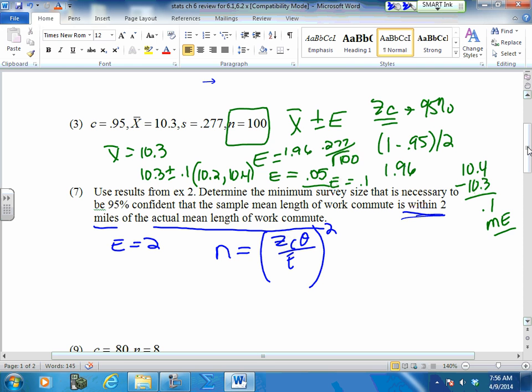Your ZC we knew was 1.96. Your standard deviation, I forgot, was 7.1, thank you. Over, there's your new margin of error. And then you're going to square this. And what do we do when we find our answer? Round up.